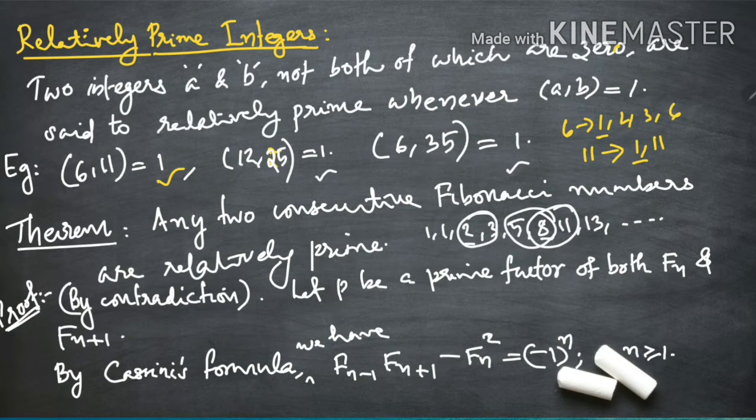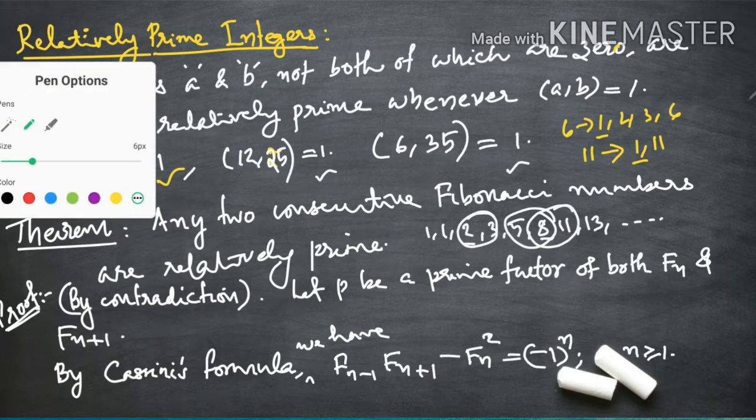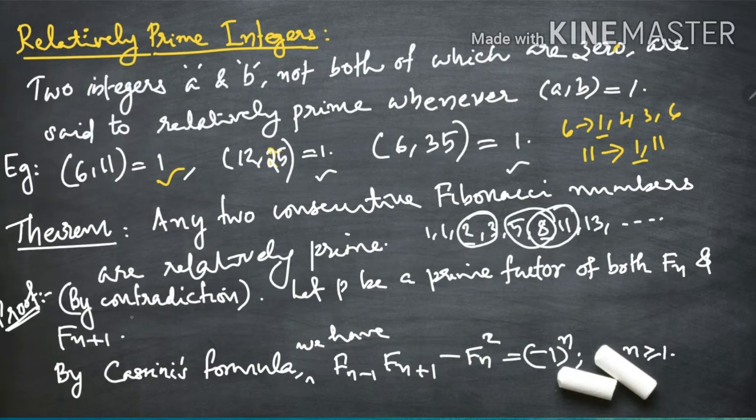And the proof is by the contradiction method. So we have to prove that any two consecutive Fibonacci numbers are relatively prime. Let Fn and Fn plus 1 be two consecutive Fibonacci numbers. And we assume to the contrary that they are not relatively prime.